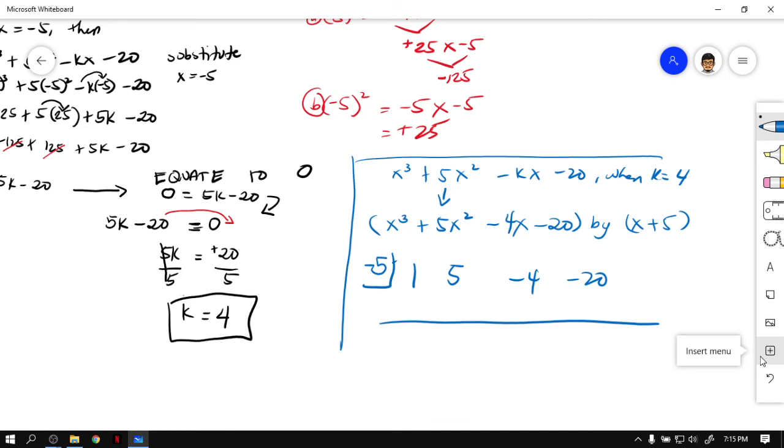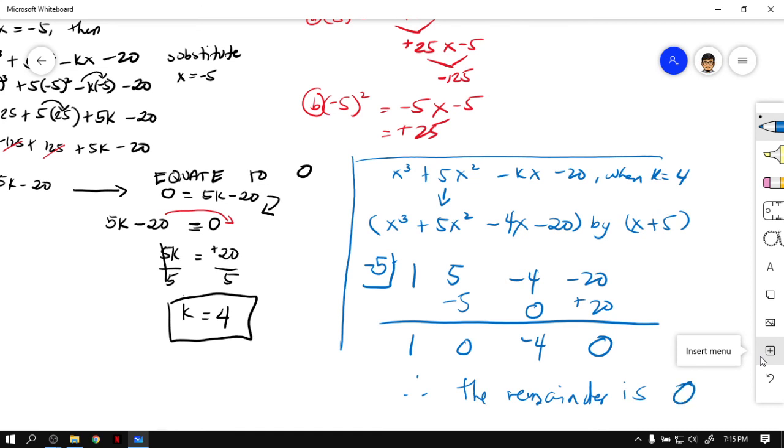And then bring down the first coefficient. 1 times negative 5, negative 5. 5 minus 5, 0. 0 times negative 5 is 0. Negative 4 plus 0 is negative 4. Negative 4 times negative 5 is positive 20. Negative 20 and positive 20 is 0. So, therefore, the remainder is 0.